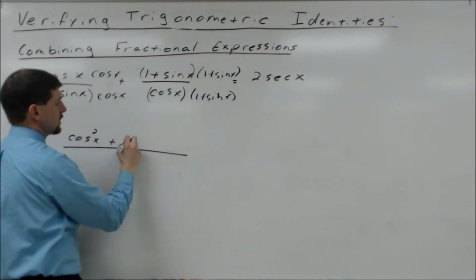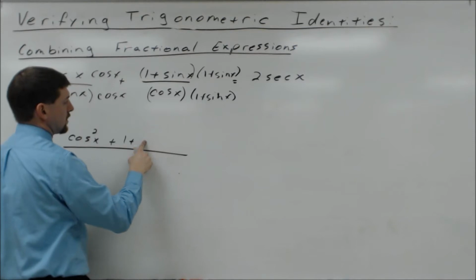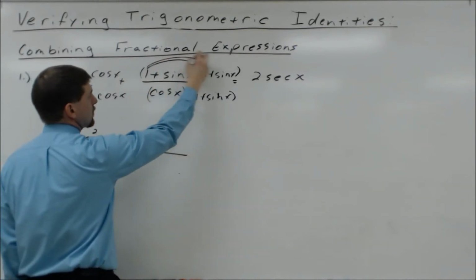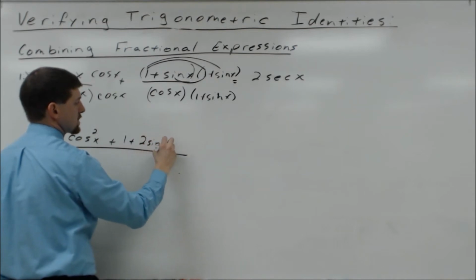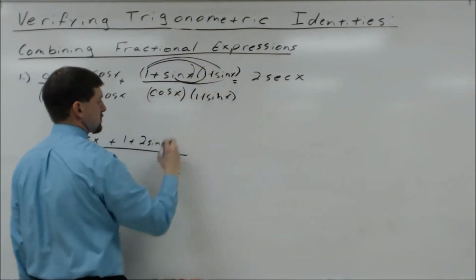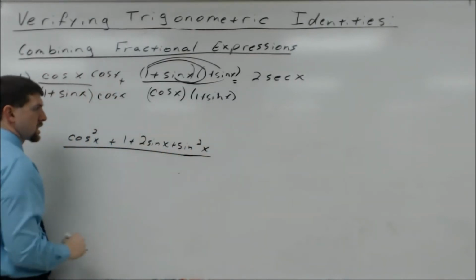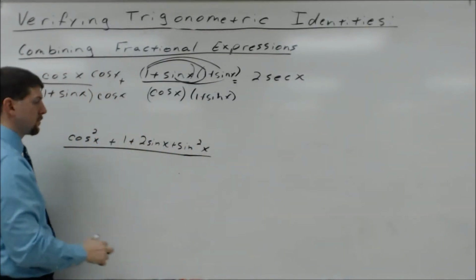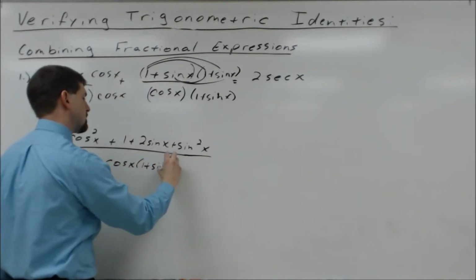1 times 1 is 1. 1 times sine is sine of x. So we're going to just distribute. 1 sine of x plus another sine of x is 2 sine of x's. And sine of x times sine of x is sine squared of x. That's my entire numerator over my common denominator of cosine of x times 1 plus sine of x.